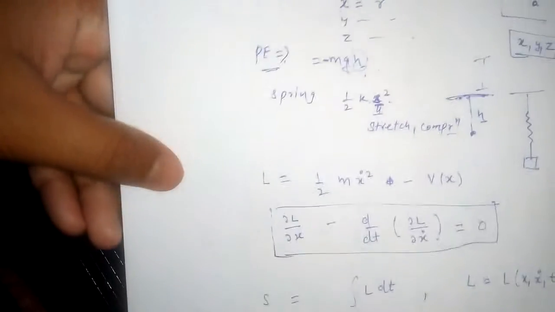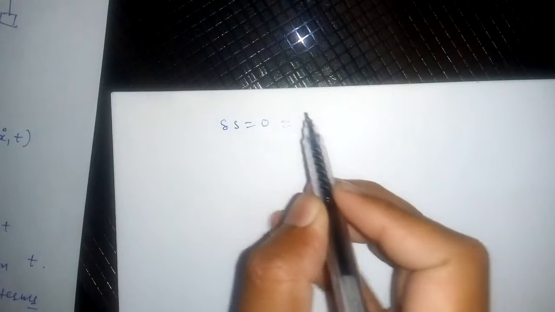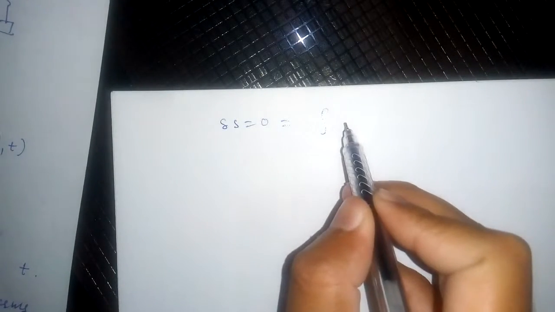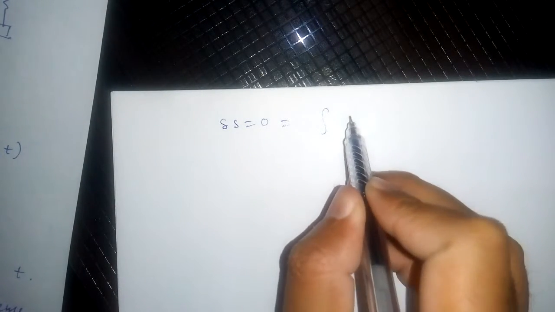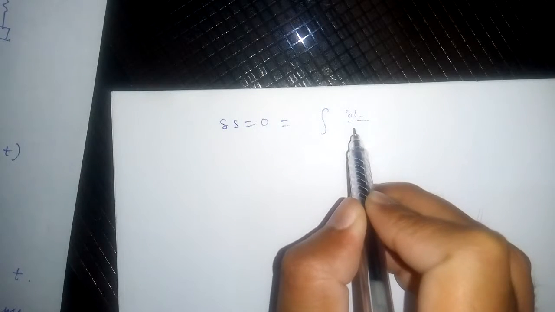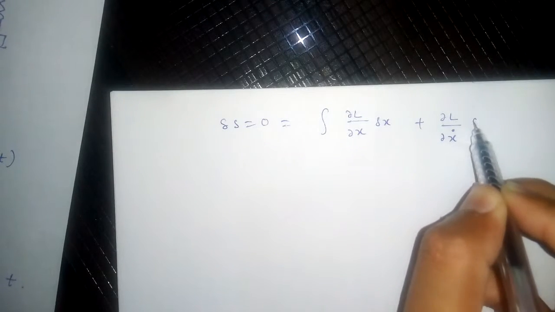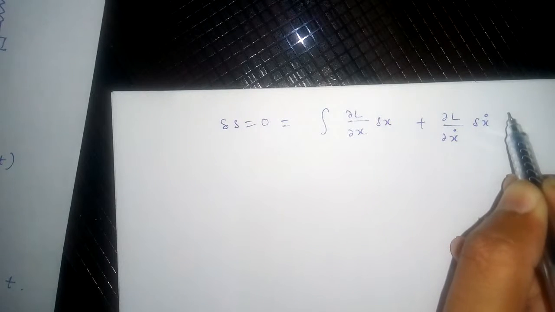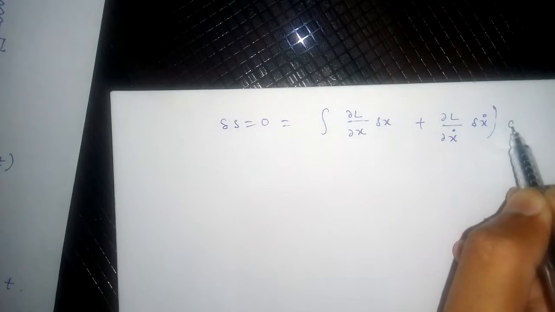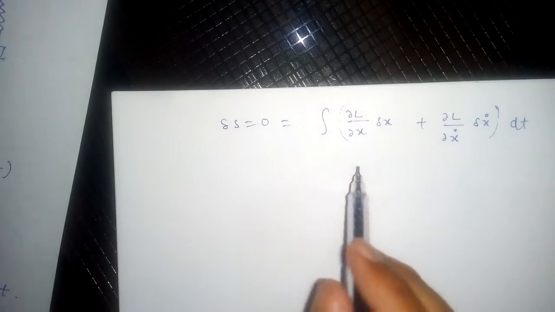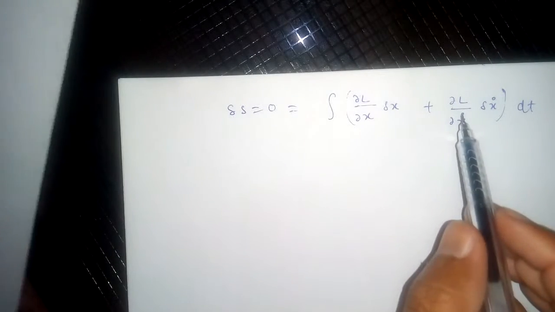Then the action delta S will be 0, equal to the integral with the value of delta L put in, taking delta L upon delta t as 0. I got this, and this with the variable dt. Okay, now I have to separate this.